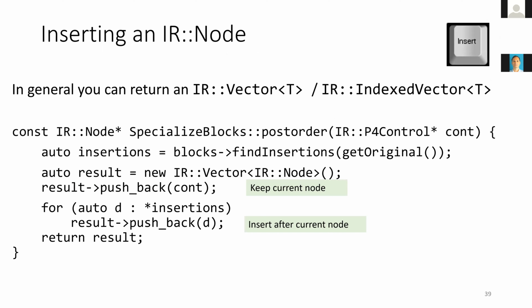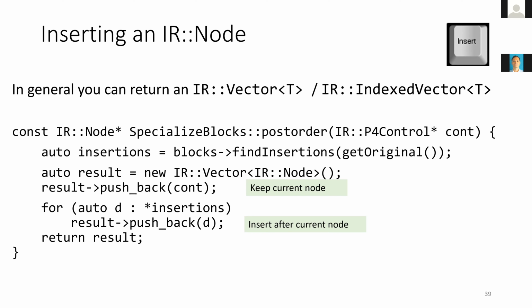And then I showed you previously how to modify a node. And the third thing you might want to do is insert a node. So for example, you want to insert a new variable declaration in your program because you factored out some expression and you want to assign the result to a temporary variable. So you want to create a new declaration for the variable.